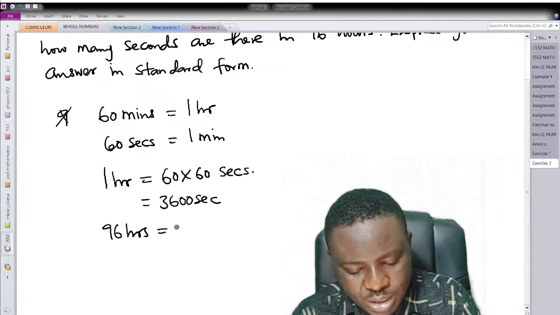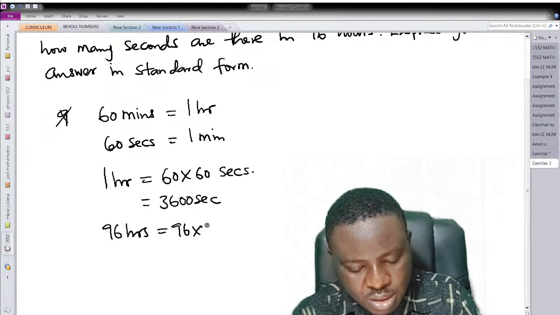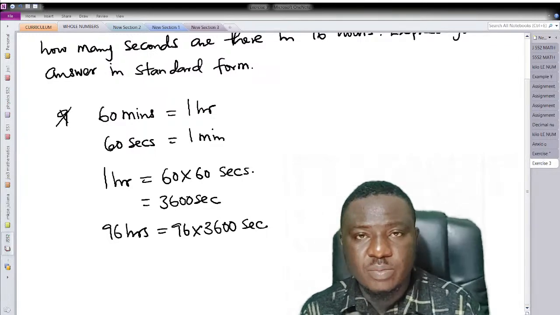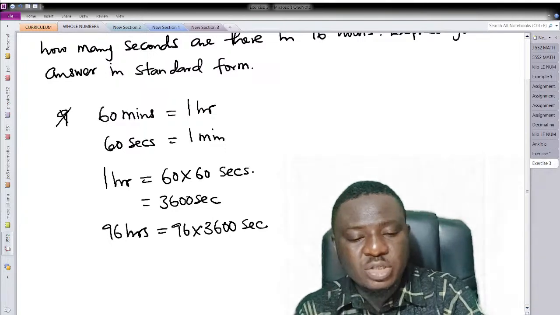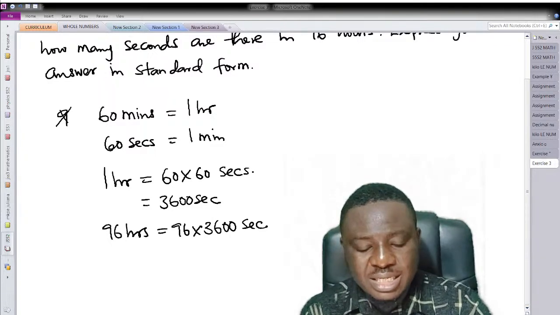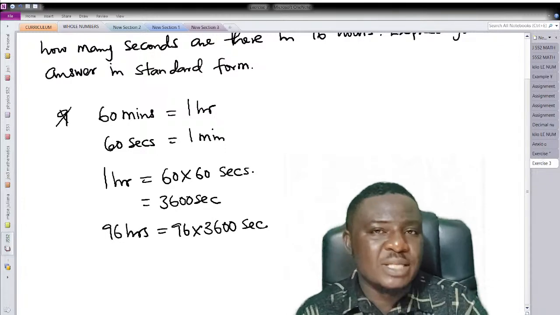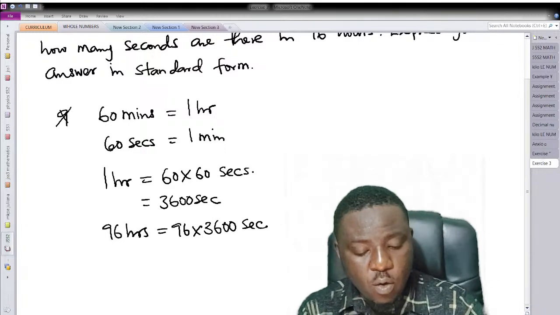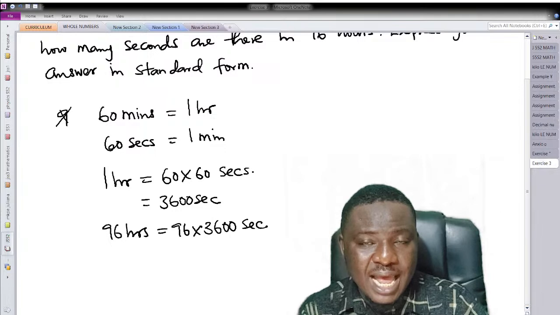So we have it to be 96 times 3,600 seconds. The question says we should leave our answers in standard form. So what you are expected to do is to first of all multiply this and leave your answer in standard form.